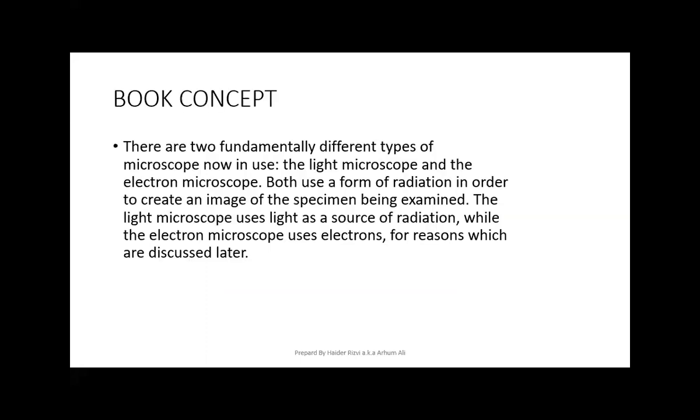So a basic concept from the book: there are two fundamentally different types of microscopes now in use, the light microscope and the electron microscope. Both use a form of radiation in order to create an image of the specimen being examined. The light microscope uses light as a source of radiation, while the electron microscope uses electrons, for reasons which are discussed later.